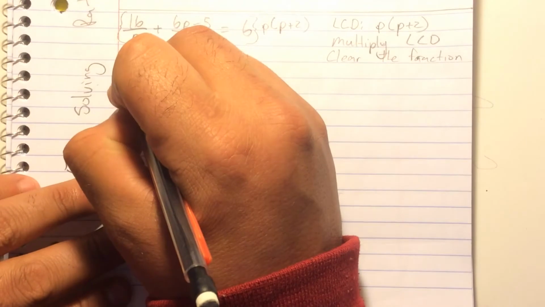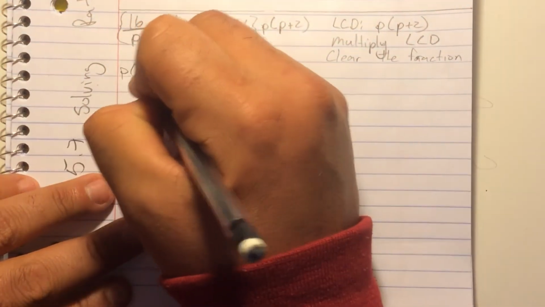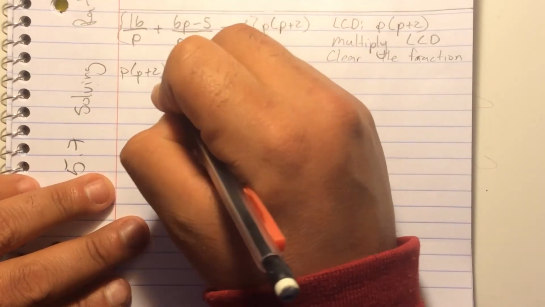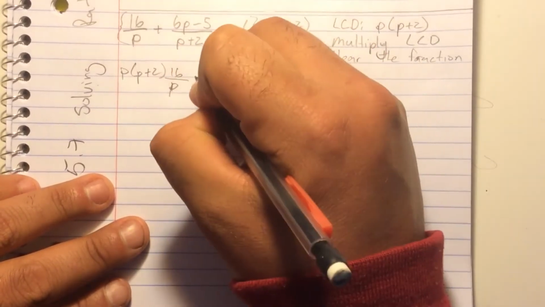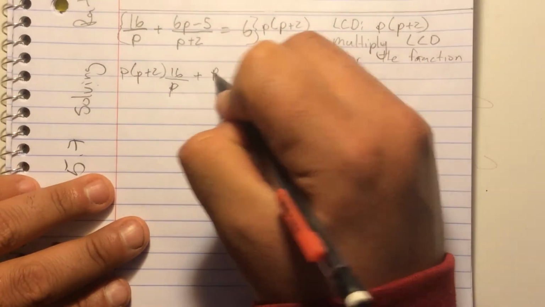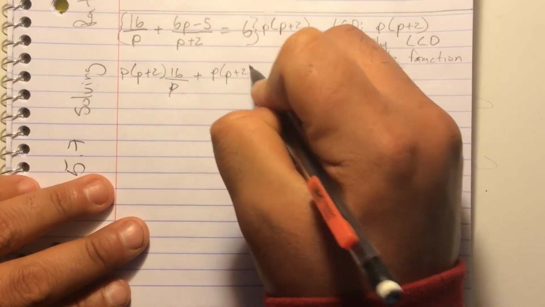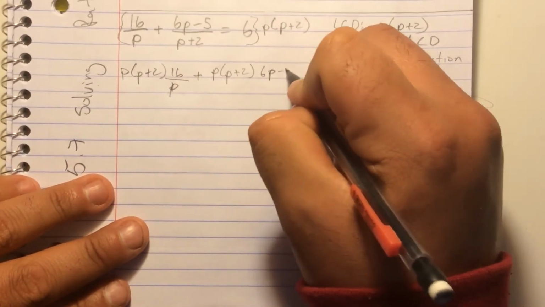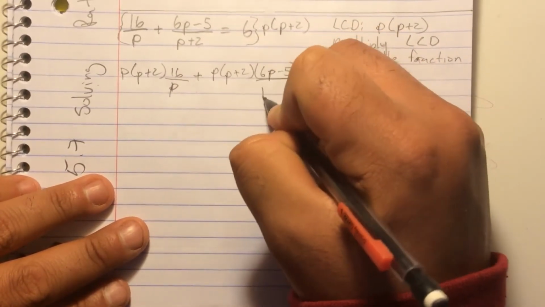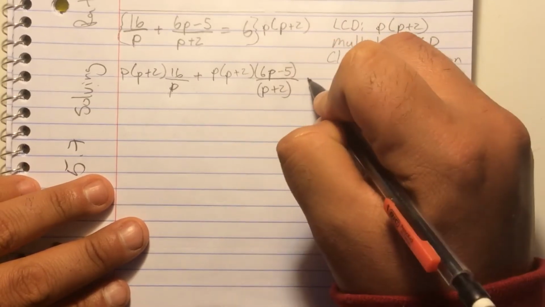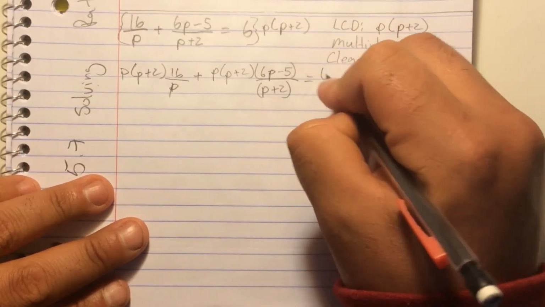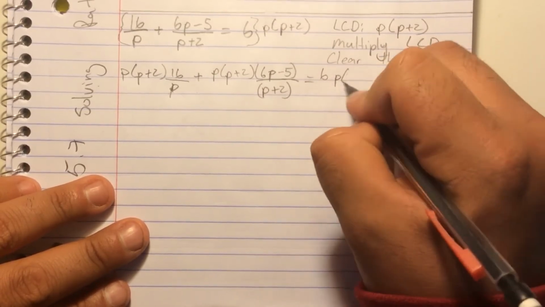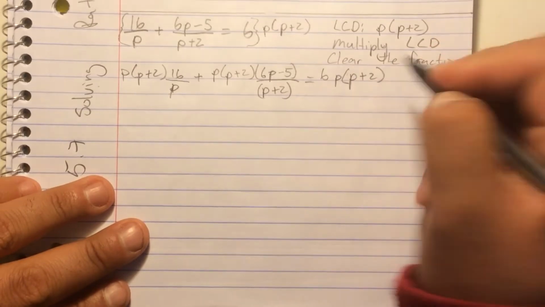So let's do our p times p plus 2 times our first expression here, which is 16 over p, plus our p times p plus 2 multiplied to our second expression, which is 6p minus 5 in parentheses over p plus 2 in parentheses, and this is equal to 6 times our p, 6 times p is 6p, and then times p plus 2.